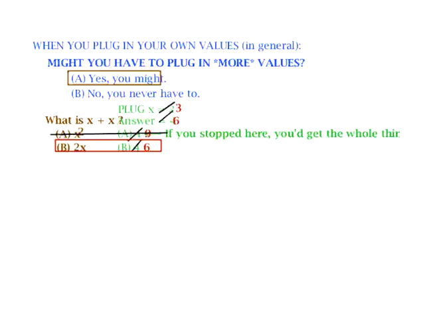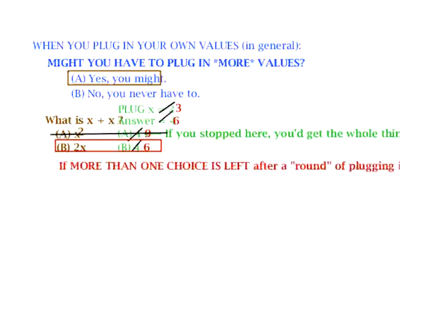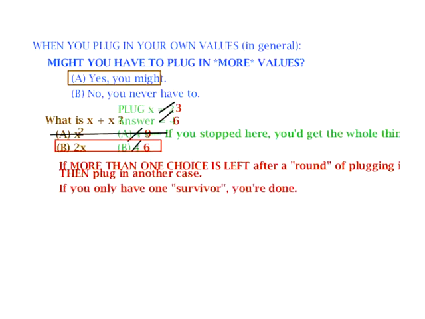So if more than one choice is left after a round of plugging in, then you should plug in another case. But if you only have one survivor, you're done. People take this to heart a little too much sometimes and think they have to plug in another choice all the time, no matter what. And that's how this works.